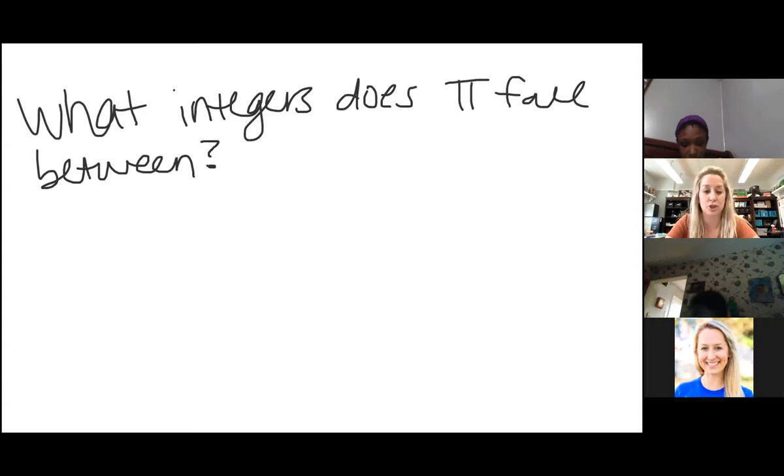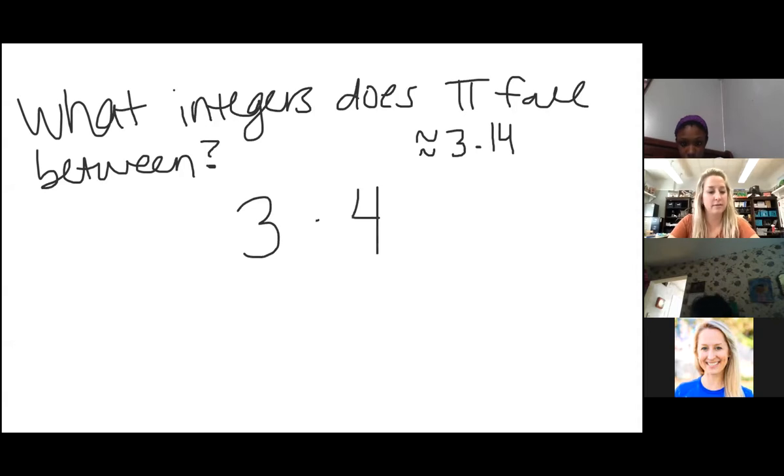What two integers does pi fall in between? We just estimated 3.14 for pi, so the integers that it falls between would be 3 and 4. So pi would fall between 3 and 4.